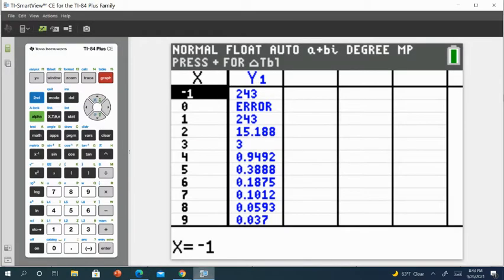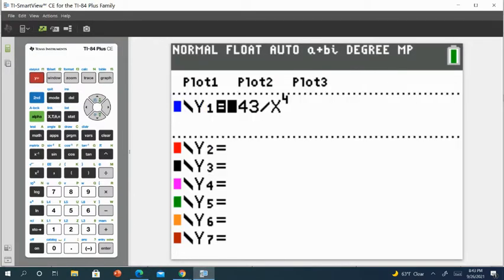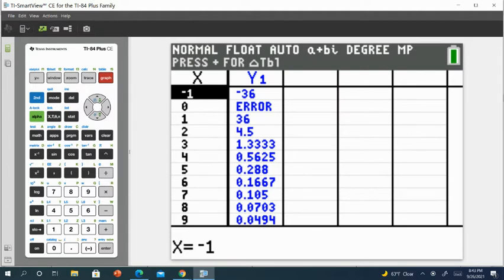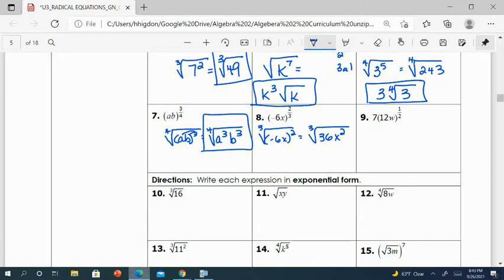Say 36 divided by x cubed, and we get nothing. It doesn't simplify. So that's our answer for number 8.